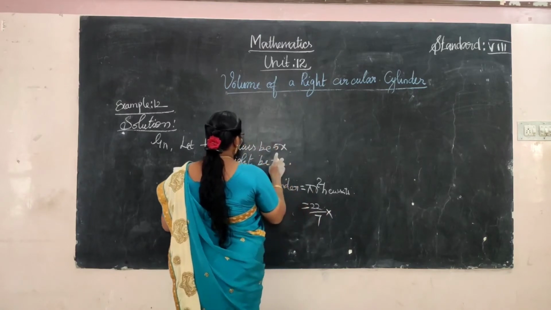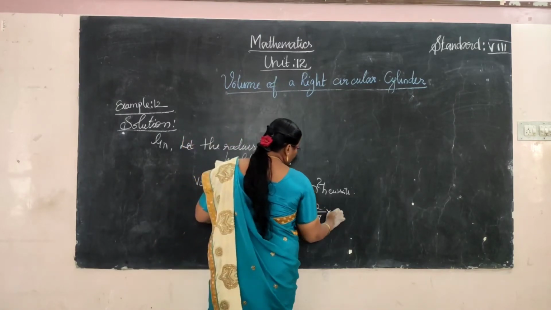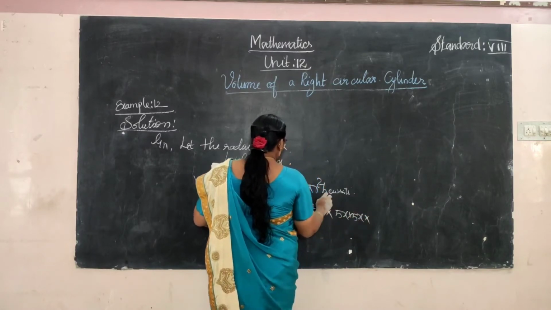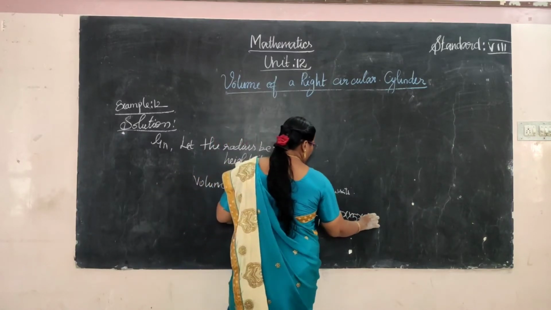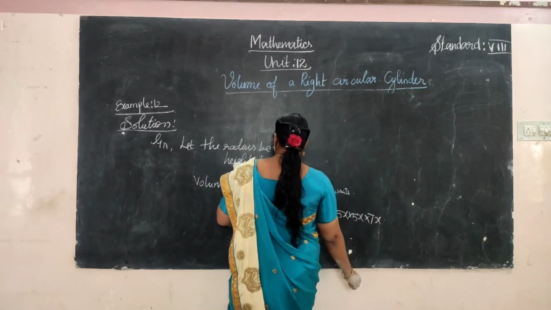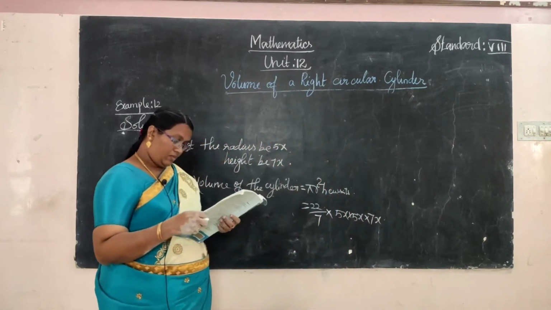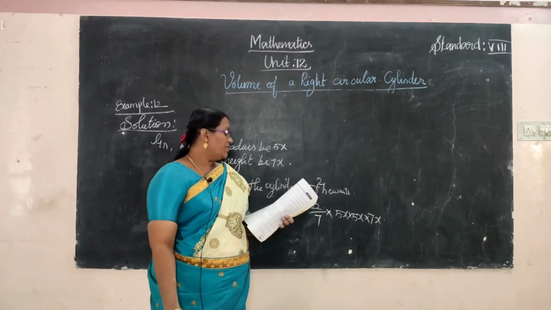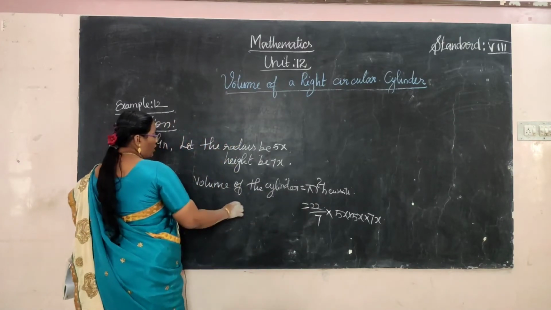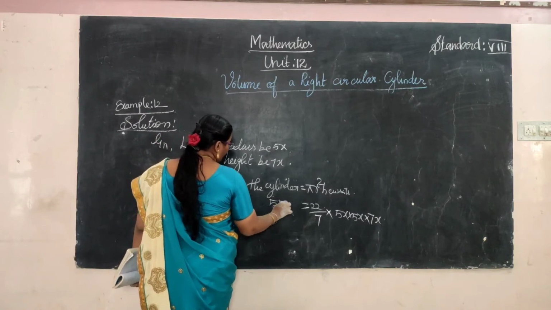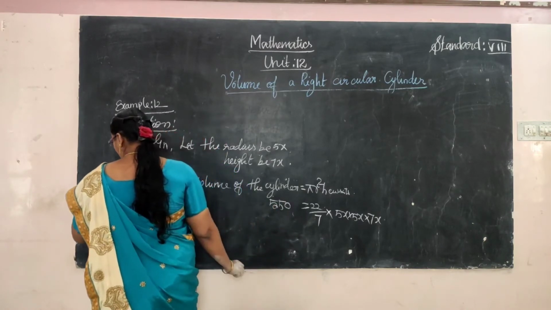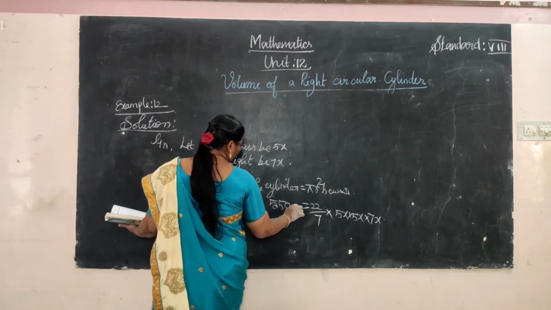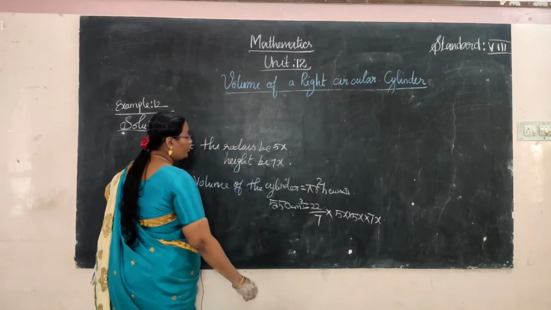The radius is considered 5x, so 5x into 5x into h value, 7x. And the volume of the cylinder is also given, the value is 550 centimeter cube.